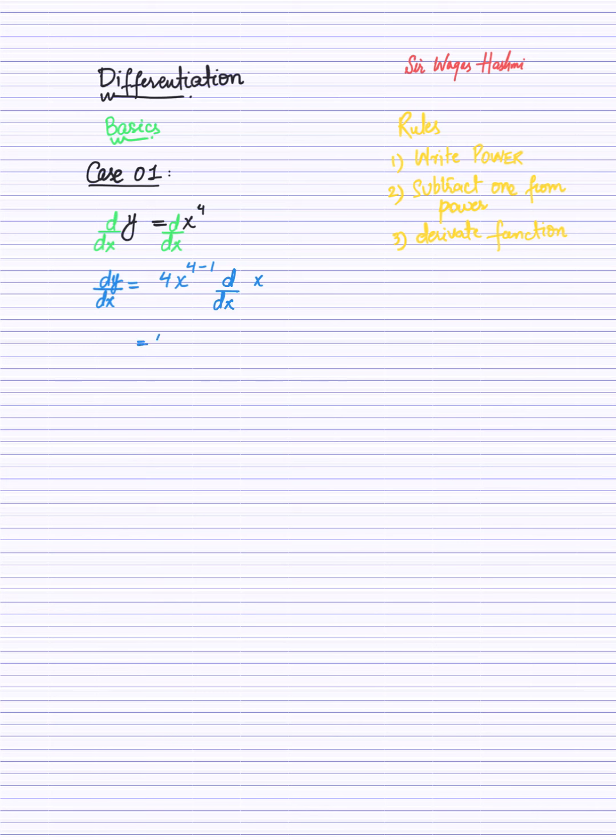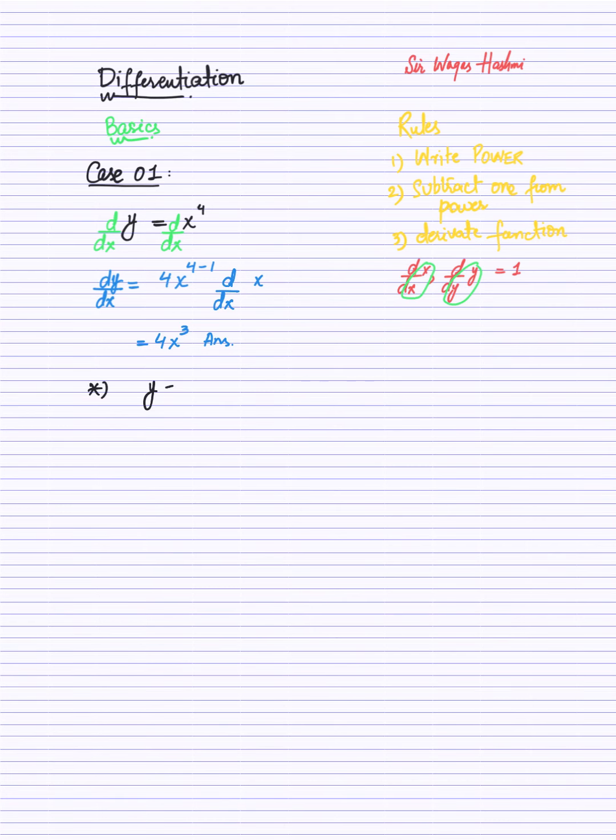After that it will be 4x to the power 4 minus 1, it's 3, and d over dx of x will be 1, so that is your answer. Keep in mind that d over dx of x, or d over dy of y, they all equal 1. If you have the same variable, then it leads to 1.